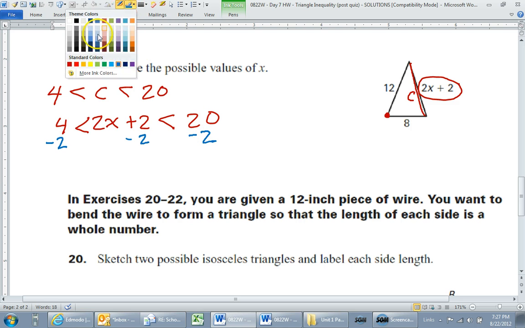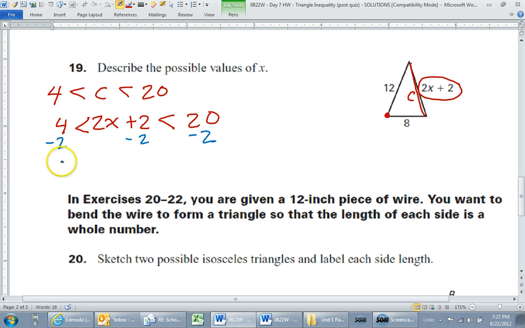So that's going to give me 2 is less than 2x, which is less than 18. Now, I need to get x by itself. It doesn't matter what's over here on the left and the right. Just focus on the 2x and tell me what I would have to do to get x by itself, to get rid of this 2.